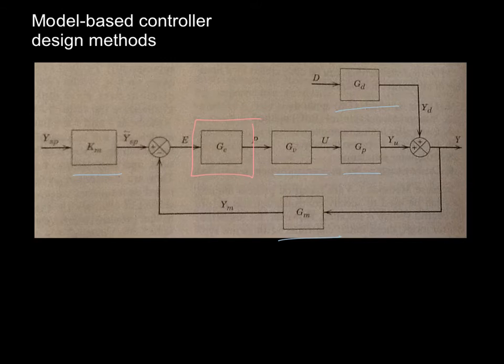And what that means is if I put a step into the set point and I would like a first order transfer function with a time constant of tau c as the output y, right? Then what should Gc be?